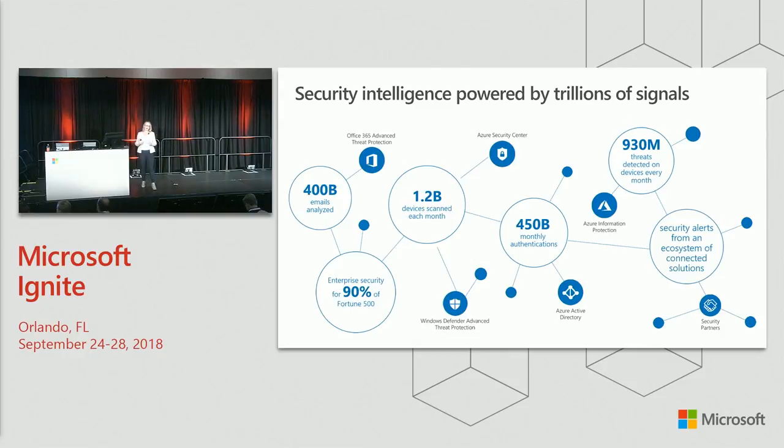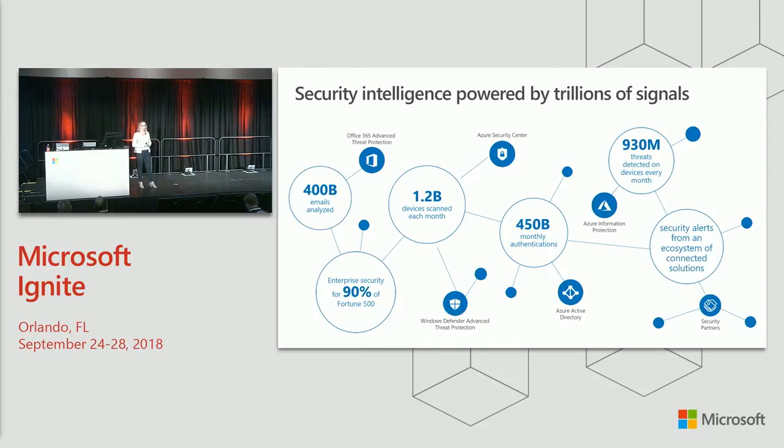So this system of connected security technologies is really core to the way that we do security at Microsoft. It's this connected set of data that really powers security intelligence in Microsoft products and services. And it's informed by trillions of signals from Microsoft products and services, as well as partners.